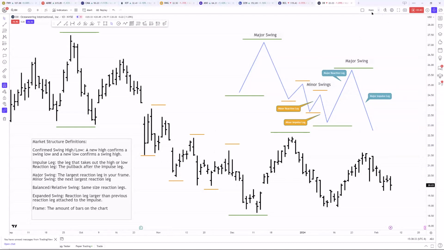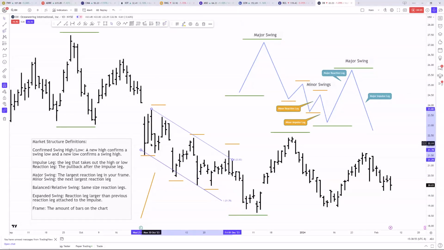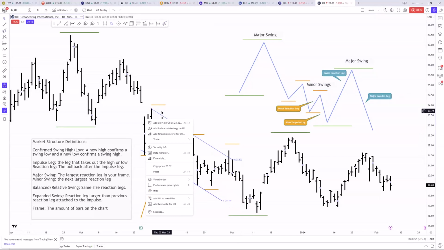Not only is it going in a direction, if you take a look, it's going in a direction doing the same size reaction legs, give or take. It's very organized. It's very pushy. This whole structure here is very distinct within the rest of the structure.